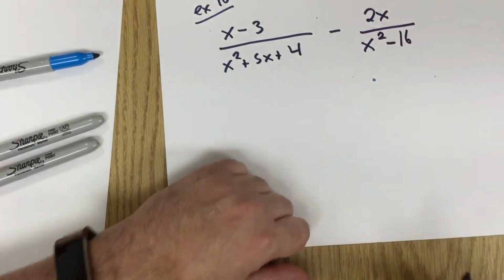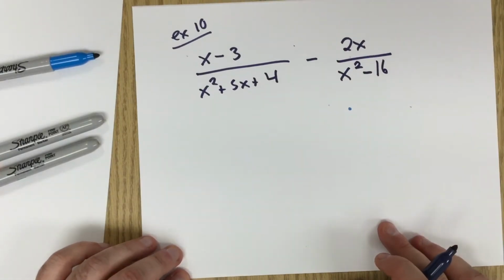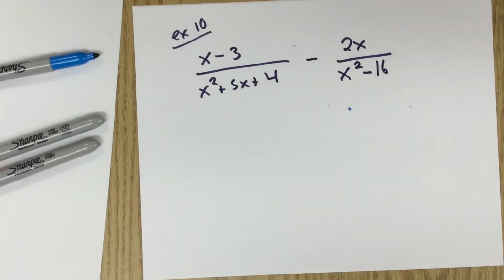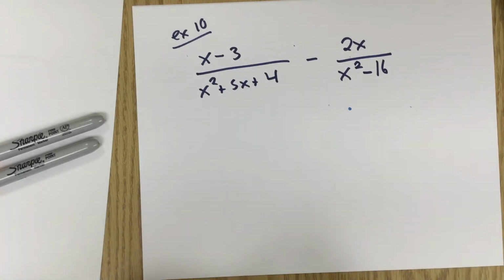This is more of the same, just lots of factoring stuff that you have to do. Not too much. There's no complex factoring, so it could have been a lot worse. So we're going to factor the bottom.